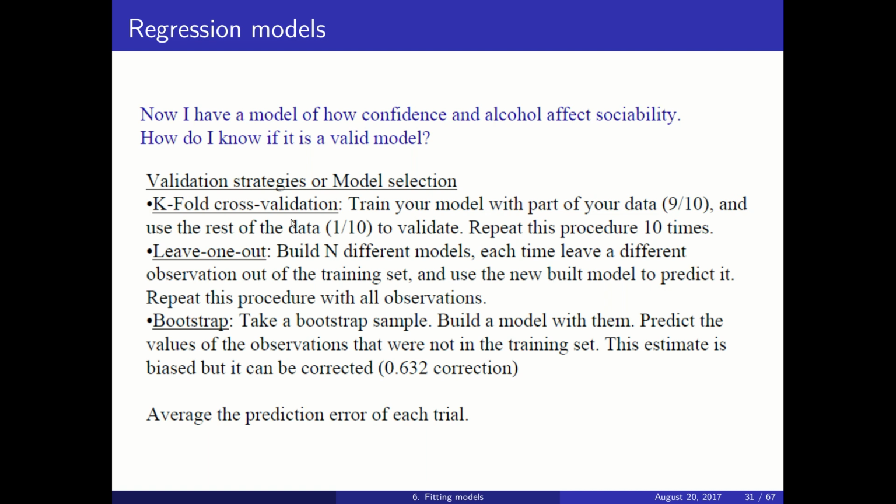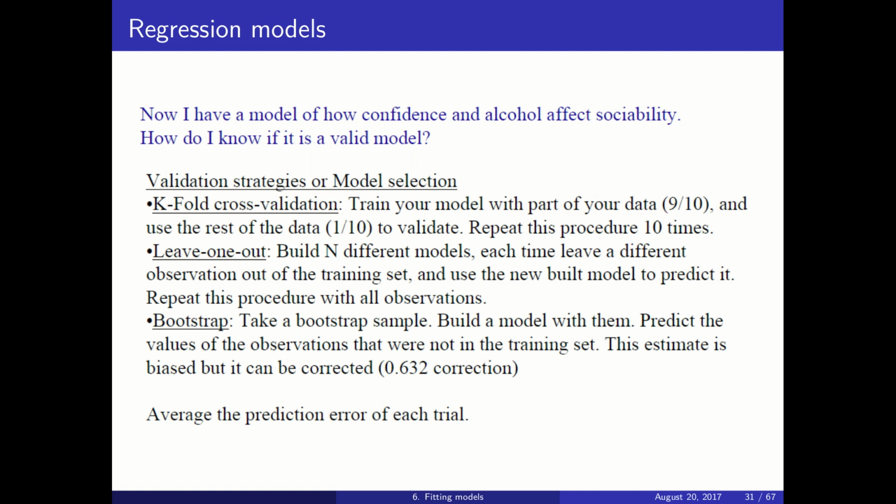We have k-fold cross-validation, leave-one-out, and bootstrap. The idea is that we have some data points, we fit a regression line or regression curve, and then how do we know that that is a good model?